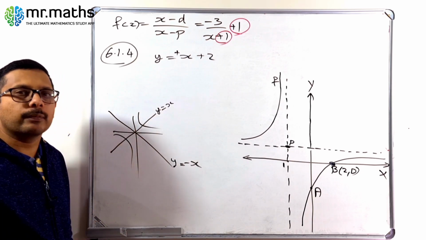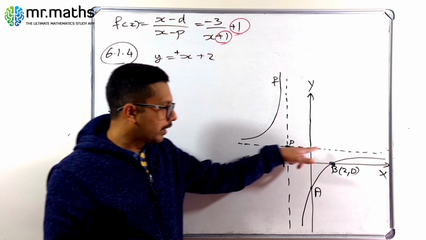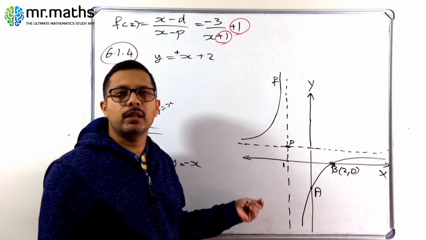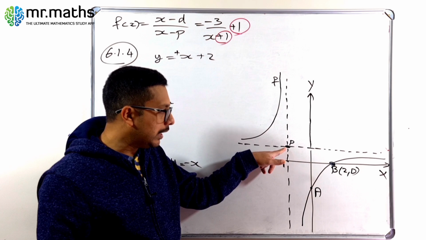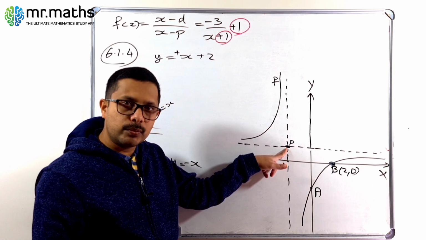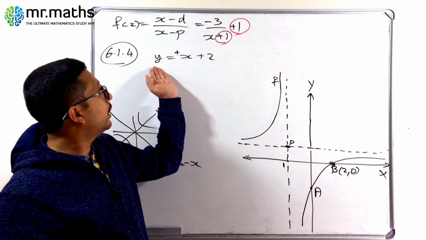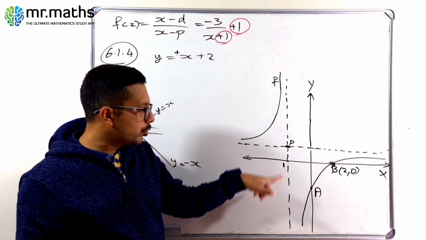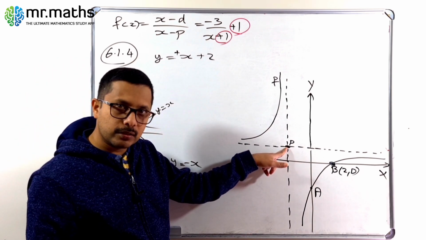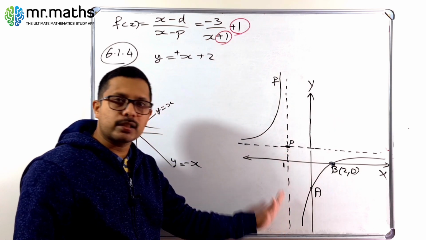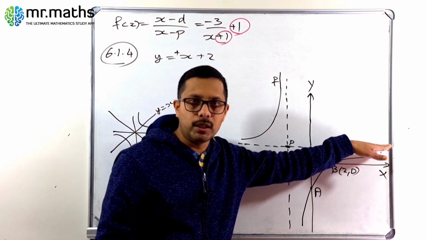At the same time, if there are asymptotes, the axis of symmetry always passes through the intersecting point of the asymptotes. So the axis of symmetry they are talking about is supposed to pass through this point P, because that is the point of intersection of this vertical asymptote and this horizontal asymptote.